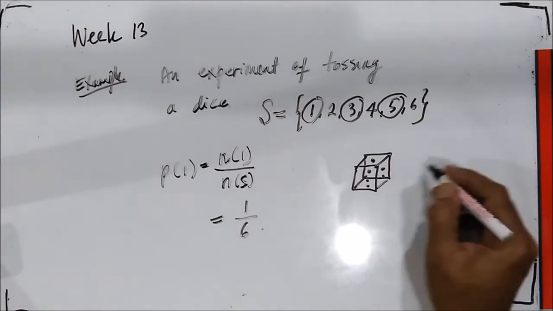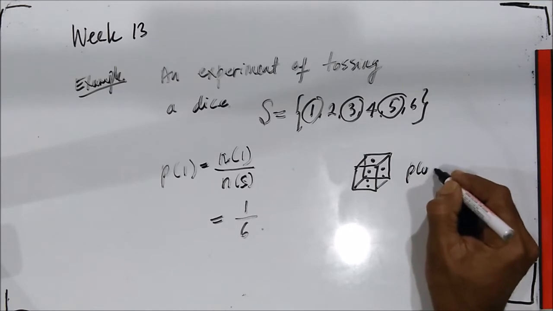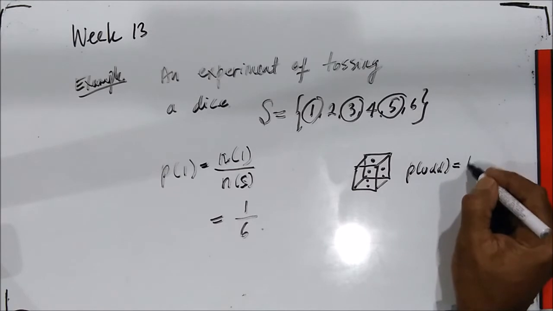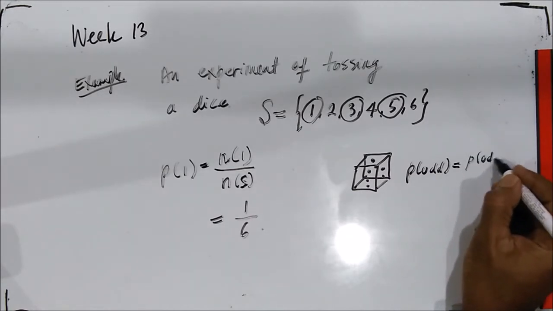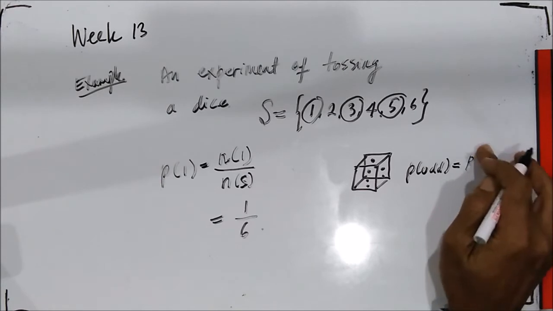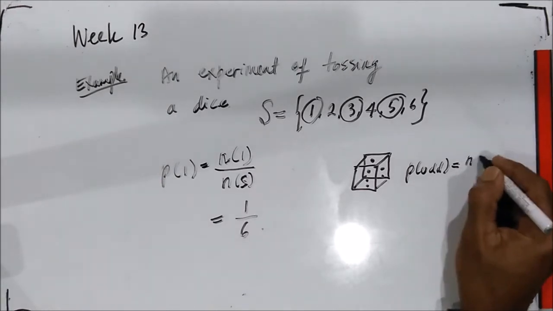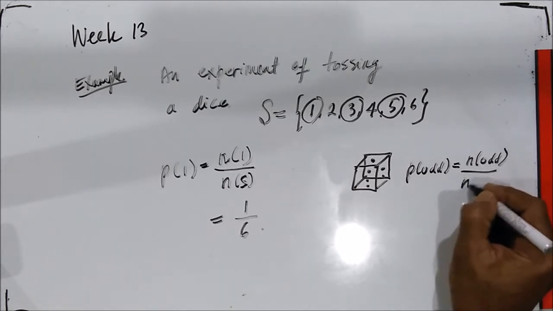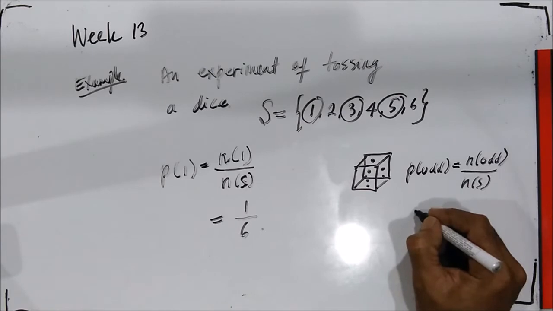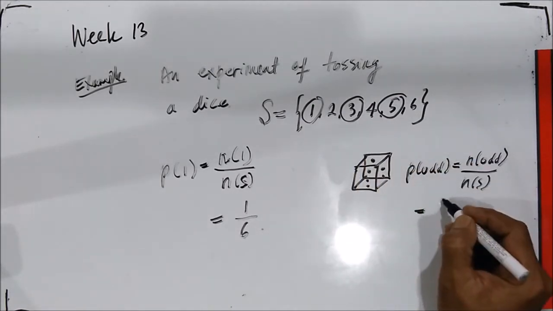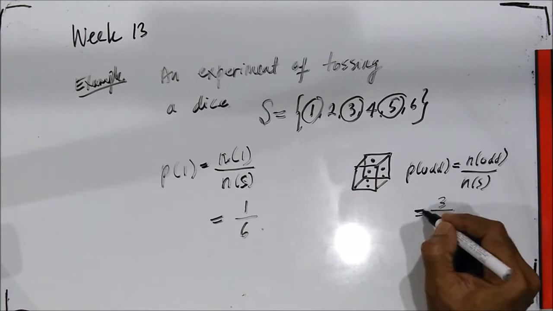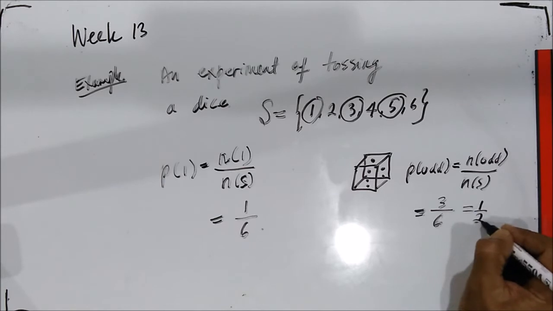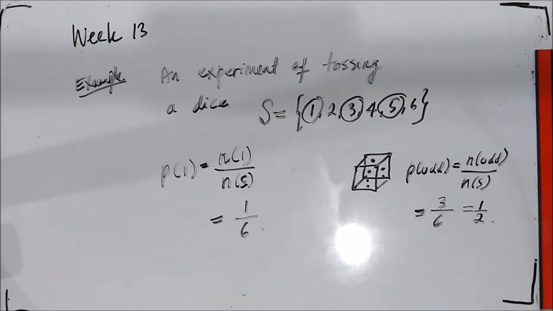So the probability of getting an odd number is equal to the number of odd divided by n(S). There are 3 odd numbers, and n(S) is 6, so 3 over 6, which is equal to 1 over 2. This is how we solve the problem here.